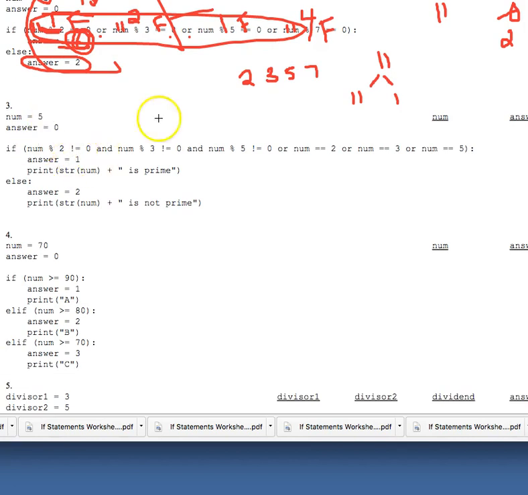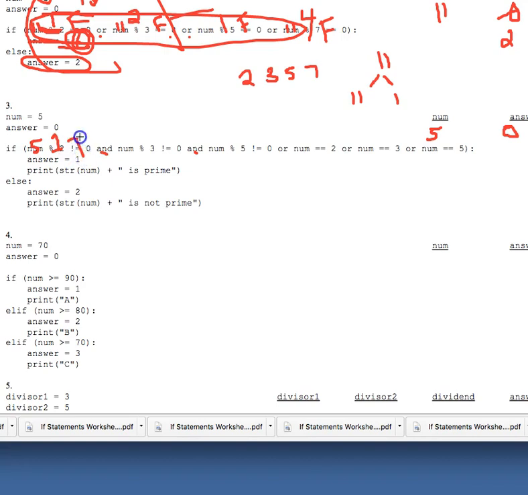Okay, number 3, num is 5, answer is 0, and we, look at this mess, this one big if statement. You always do ands before ors, so we got to do this and before the or and the or and the or. Okay, num is 5. What's the remainder of 5 divided by 2? Okay, 1. Is 1 not equal to 0?